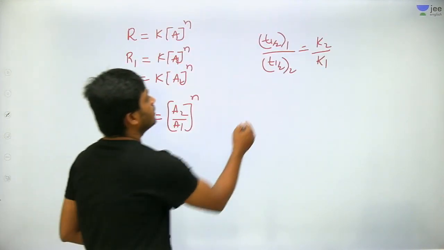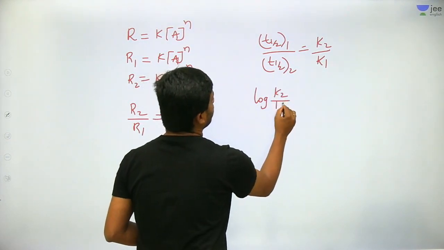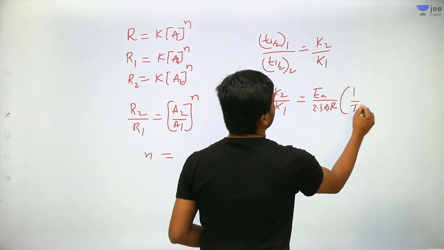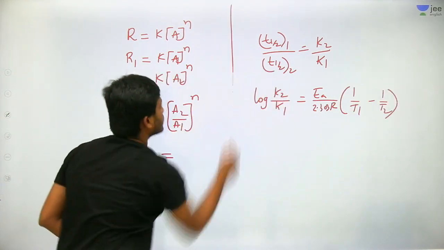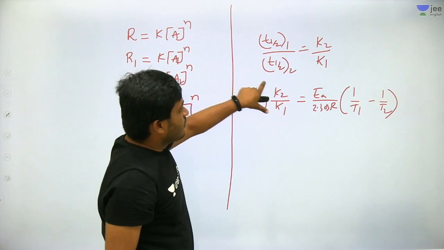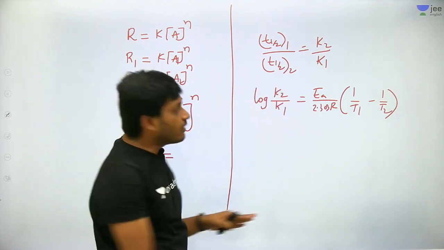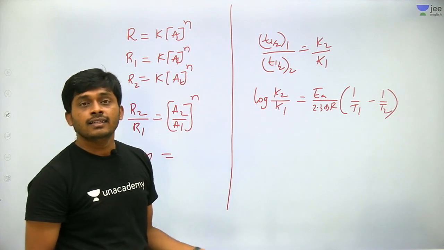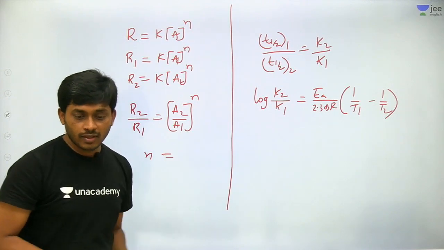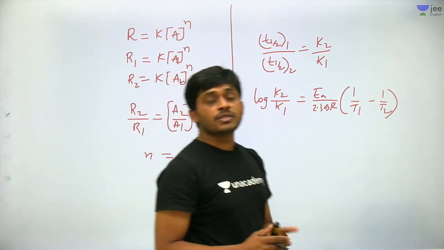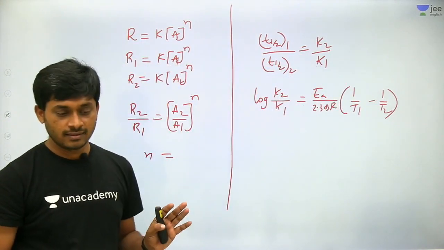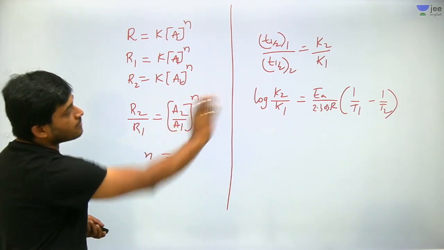What is the formula here? log K2 by K1 equals Ea by 2.303 R into (1 by T1 minus 1 by T2). So 1.5 marks for this, and 1.5 marks for the first formula, substitution. We have to show substitution and then the result. So these three are very important: formula, substitution, and the last is the result. If you miss any of these, you will lose marks. Simple formula substitution you can do.